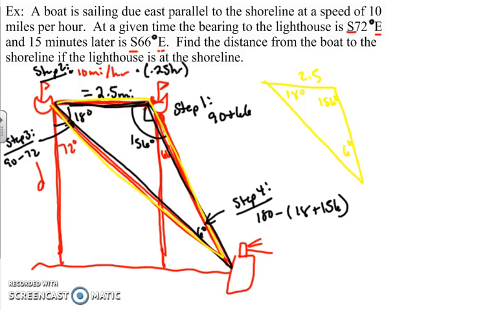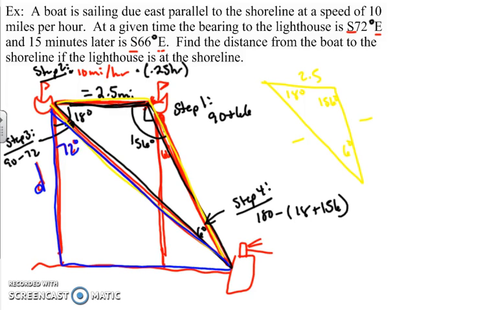Well, now I can use the law of sines, law of cosines, probably law of sines actually would do it, to figure out any of these other sides that I want. So now I got to ask myself, what sides do I want? We eventually need to figure out how long that distance is. I'm noticing another right triangle over here. I really don't have very much labeled on that right triangle, very, very little. I've got the 72 degree angle.